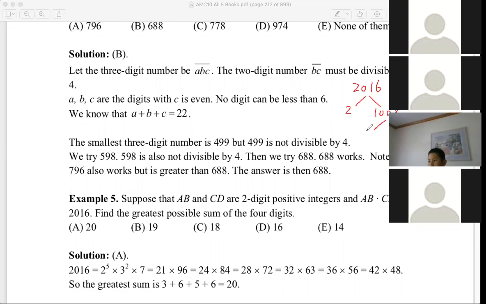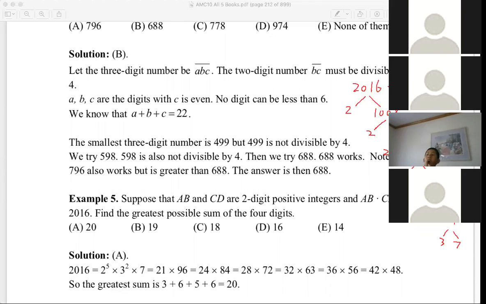This is still an even number, divisible by 2, 504. Then continue dividing by 2, 252. Then keep dividing by 2, 126. Then divide by 2, 63. Then divide by 3, 21. Then 3, 7.